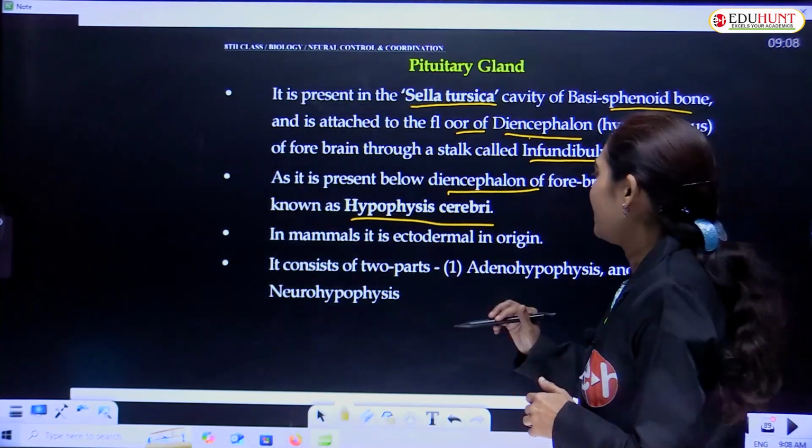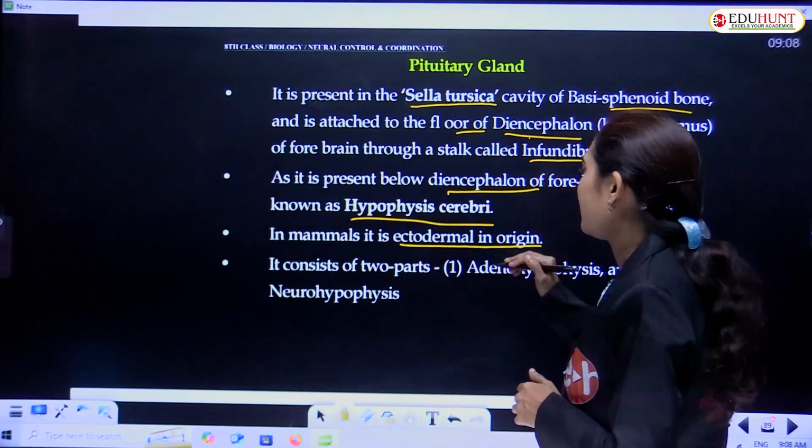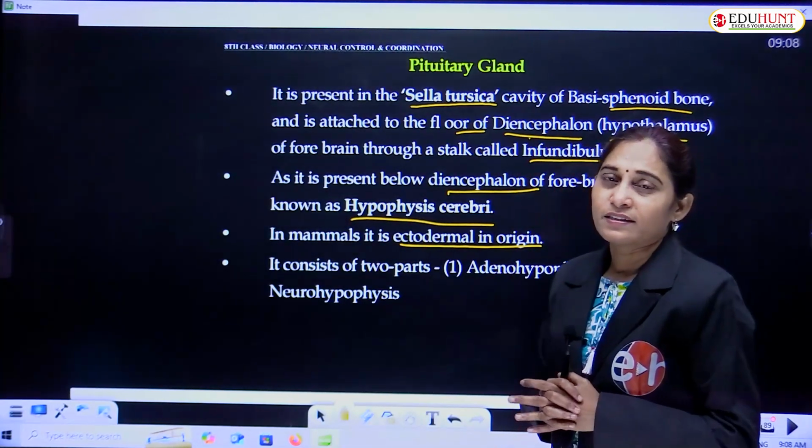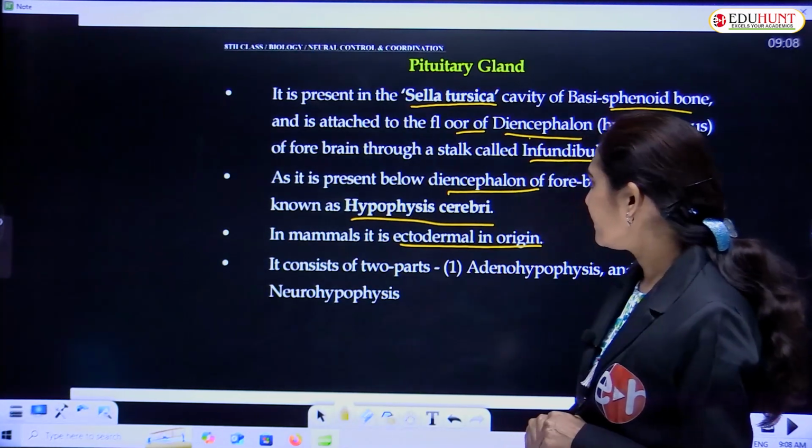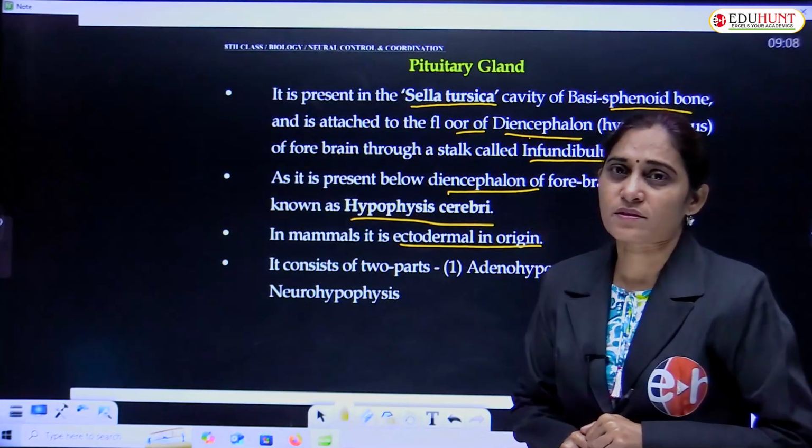In mammals, it is ectodermal in origin and consists of two parts.